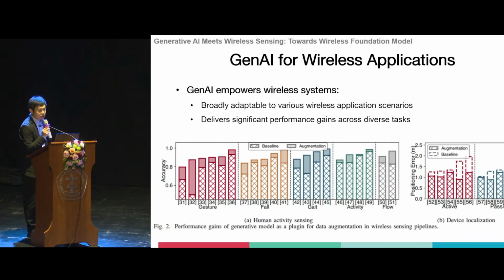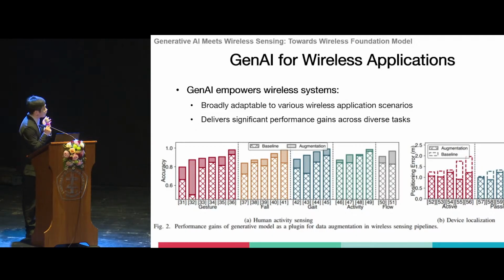This figure shows the performance gains when we use a generative model as a data augmentation plugin in different wireless sensing tasks. The sensing tasks include gesture recognition, fall detection, gait analysis, activity recognition, and so on.